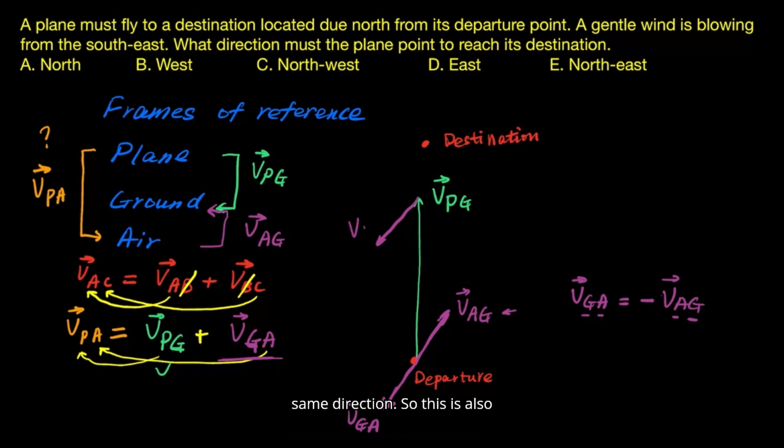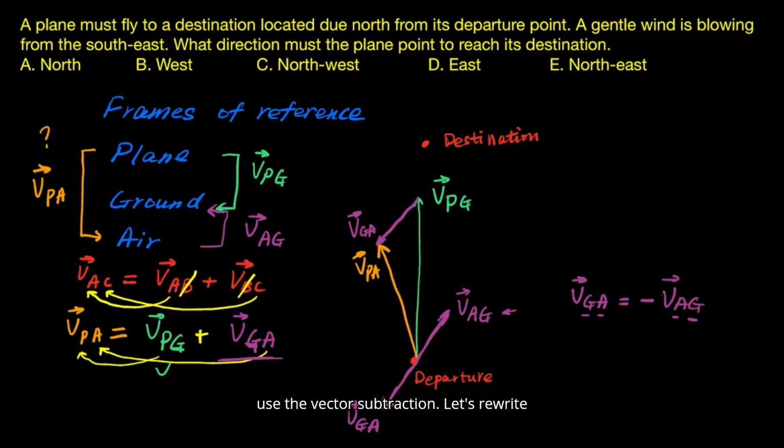So this is also Vga. So the resultant vector Vpa is drawn from the starting point to the ending point. So this is Vpa, which is how the pilot should turn the plane's nose to counterbalance the wind. Or we say, the velocity of the plane relative to the air.